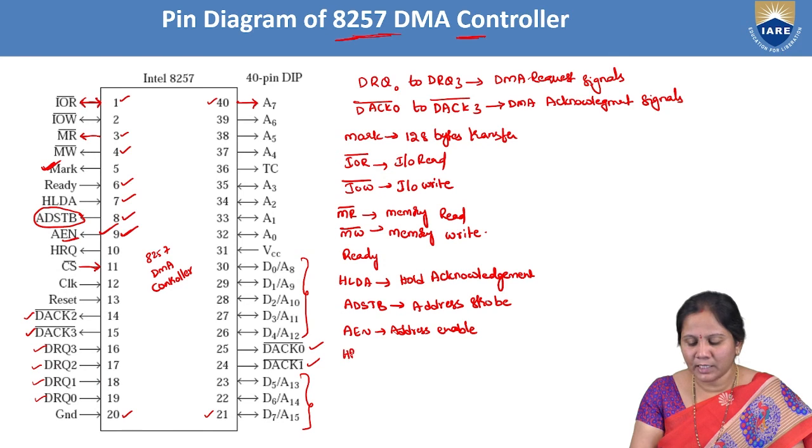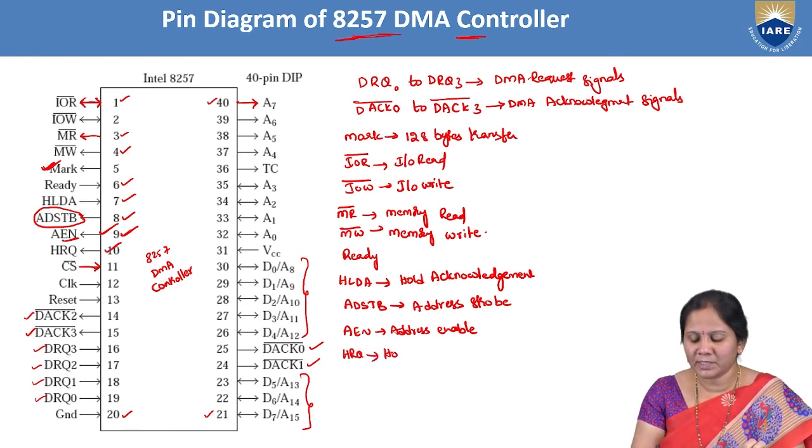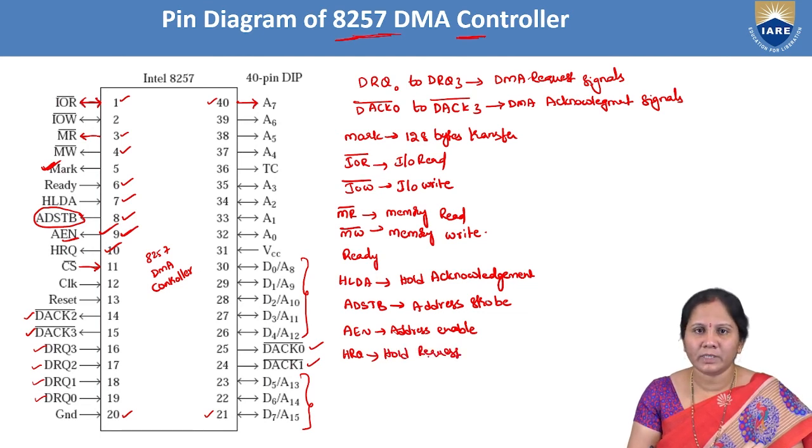The next signal is HRQ, which represents hold request. As we have seen in the basic DMA operation, this HRQ signal will be connected between the DMA controller and the microprocessor.